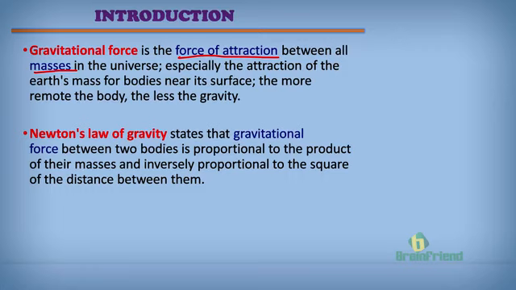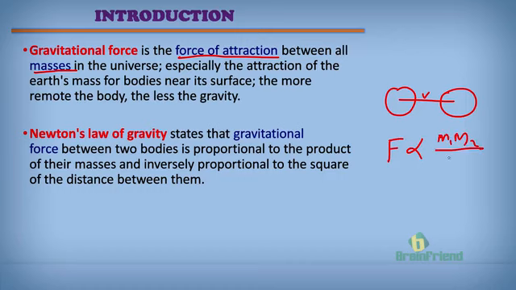For instance, if we have two masses, say the Moon and the Earth, there is a distance between the centers of the two bodies, which is called r. That is to say, the force is proportional to the masses and inversely proportional to the square of the radius, the distance between them.